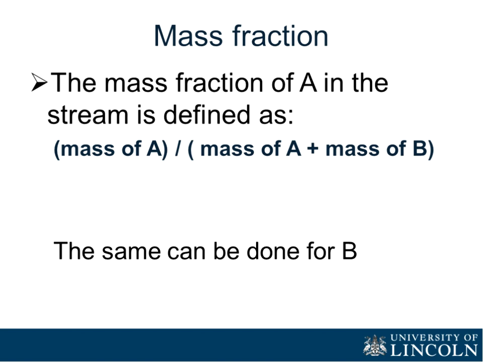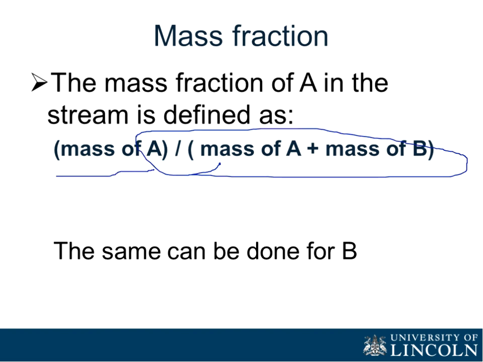Now, that brings us to the mass fraction. A mass fraction of a component will be the mass of that component divided by the mass of everything. If there are two components like we have there, the mass fraction of A is going to be the mass of A divided by the mass of everything.